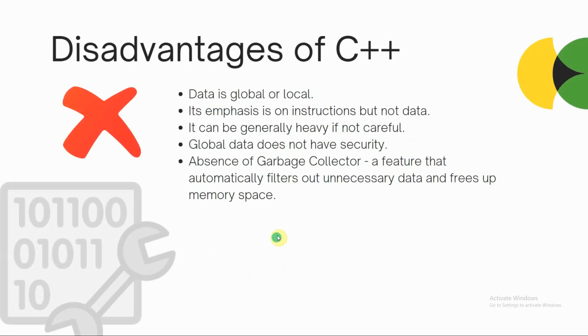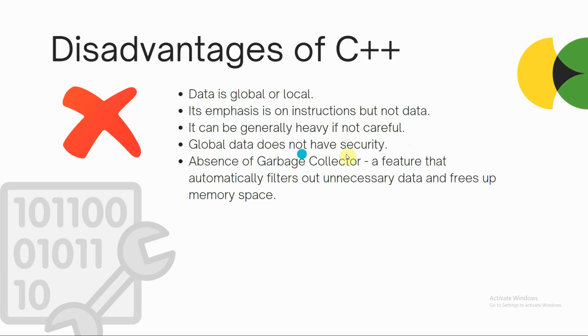Now for the disadvantages, one of which is that data can be global or local. Its emphasis is on instructions but not on the data. It can generally be heavy if you are not careful in how you construct your code and how it will run later on.